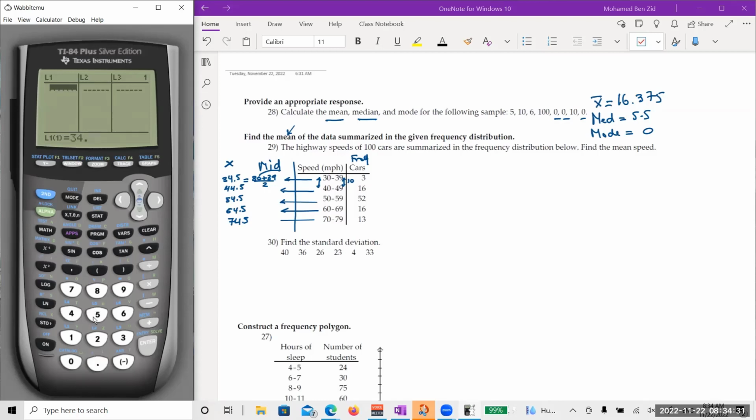That's 34.5, and then 44.5, and then 54.5, 64.5, and 74.5.